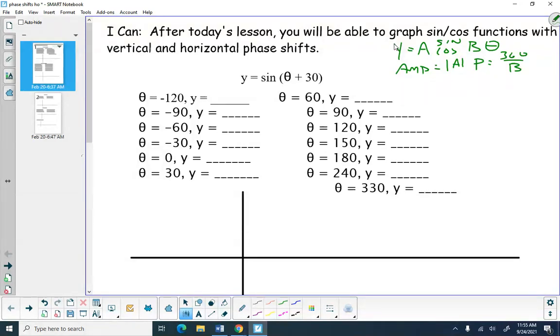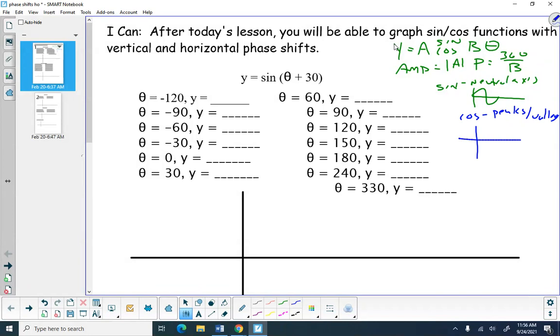When we have a sine curve, we start on the neutral axis. The graph should look like neutral axis, up, down, back up again. That should be your typical sine curve. When you're dealing with a cosine curve, we start at peaks and valleys.